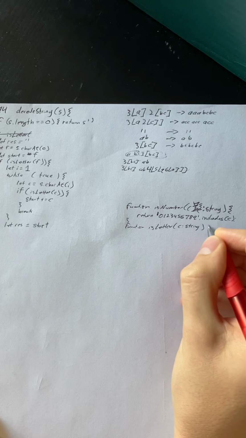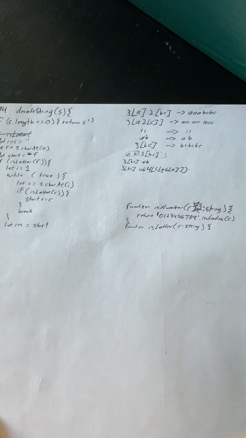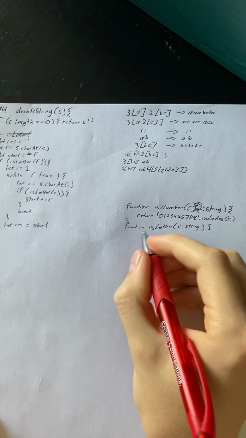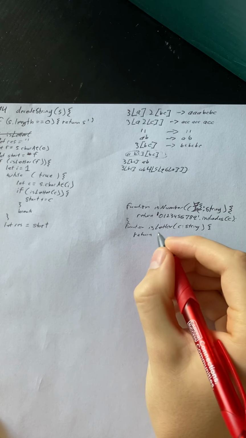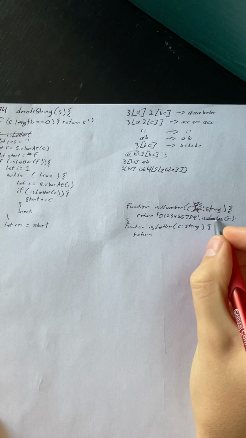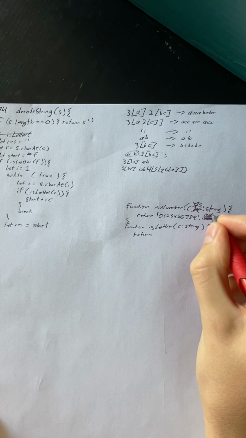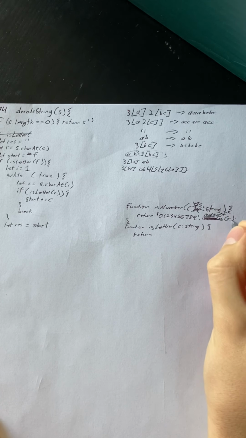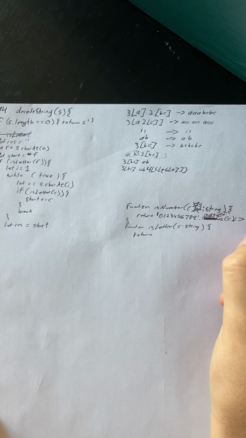We know from the problem definition that the input can really only be a lowercase letter, a number, or a bracket sign. So we can return if, sorry, this shouldn't be included. This should be index of is greater than -1.